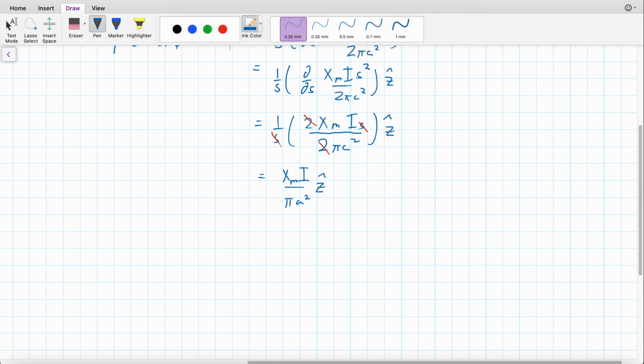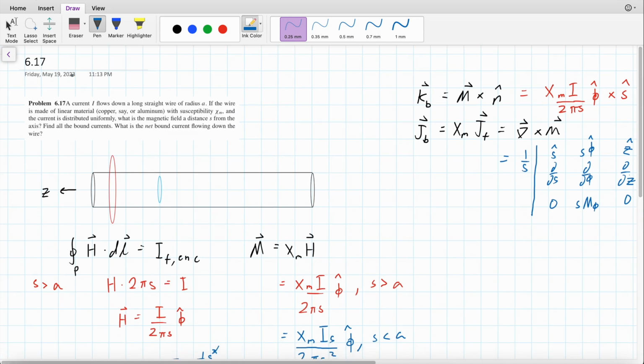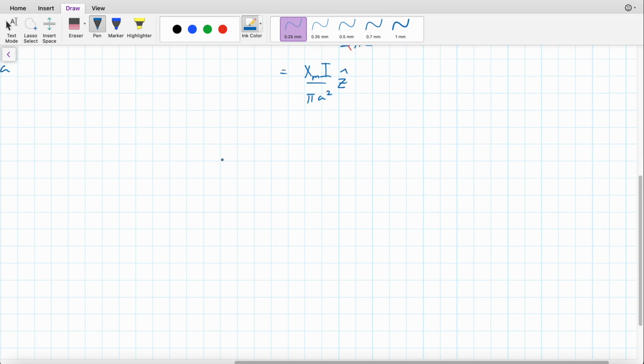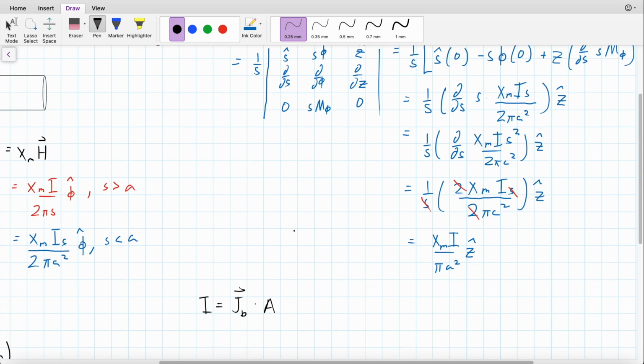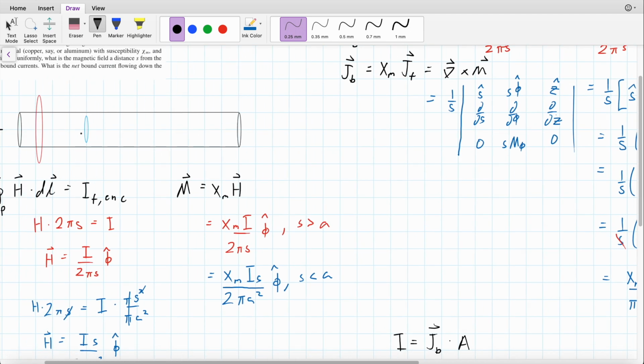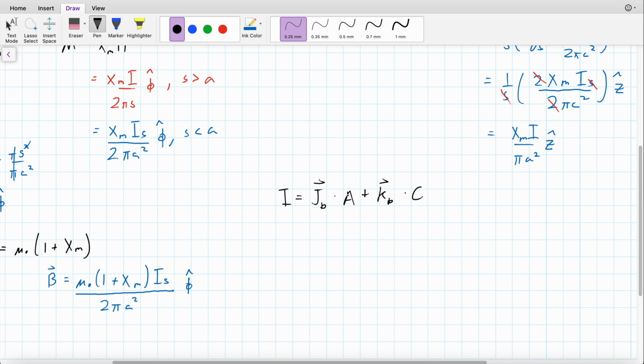Okay. Total, our net bound current flowing down the wire, we're going to do this in black. I is equal to our J_B times the area of our circle, plus K_B times the circumference of that circle.